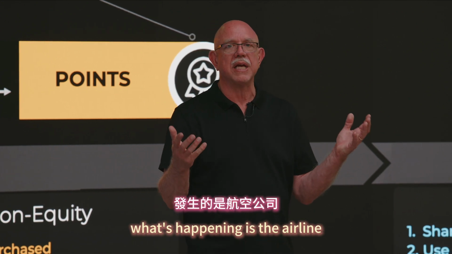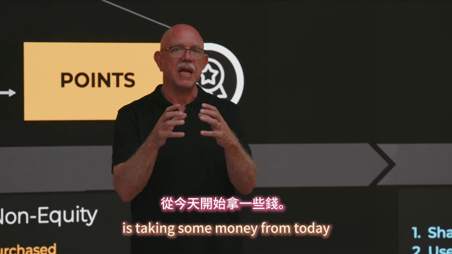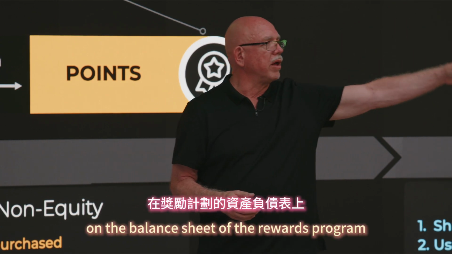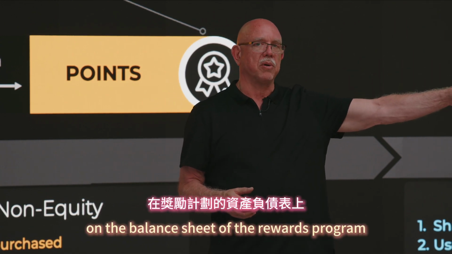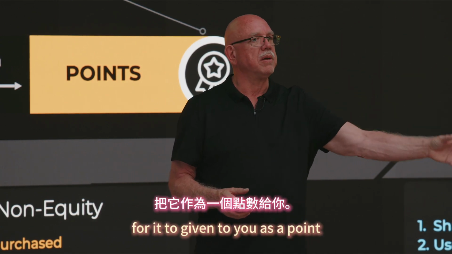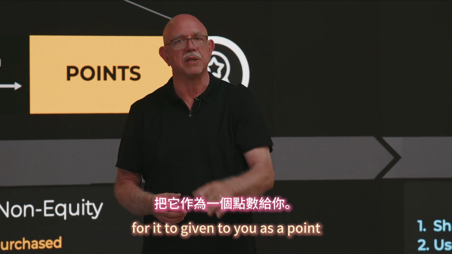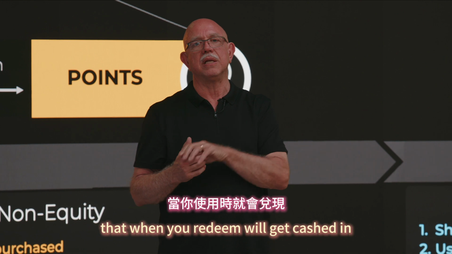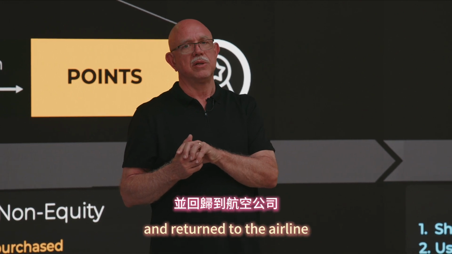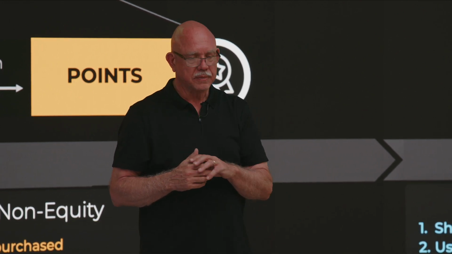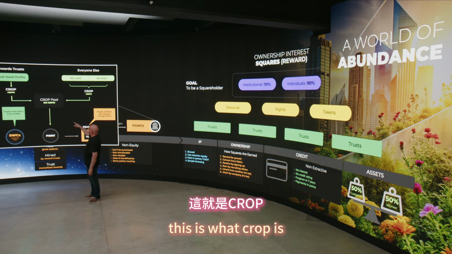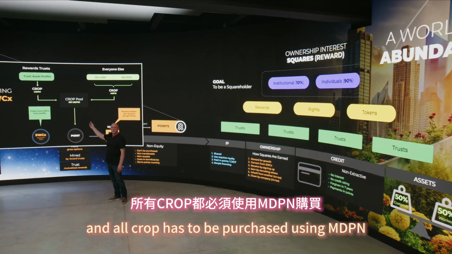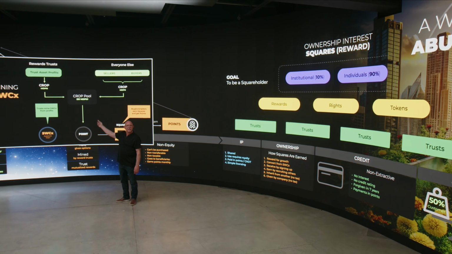What's happening is the airline is taking some money from today and putting it on the balance sheet of the rewards program, to be given to you as a point that, when you redeem it, will get cashed in and returned to the airline. This is what crop is, and all crop has to be purchased using MDPN.